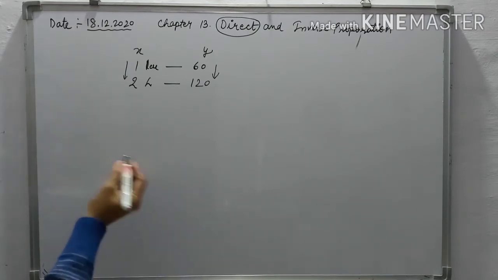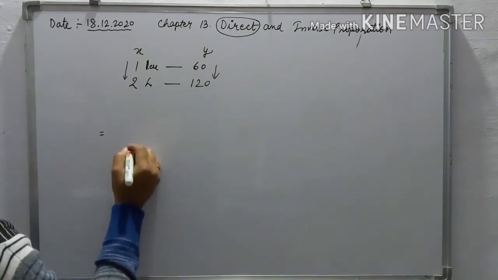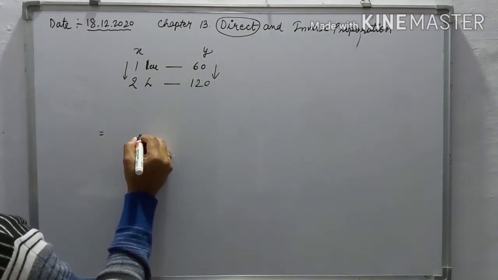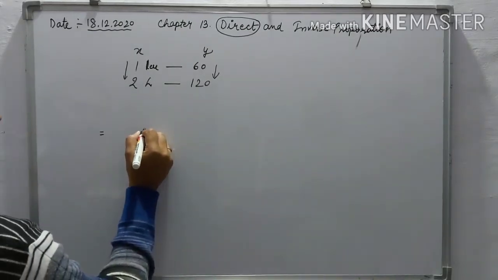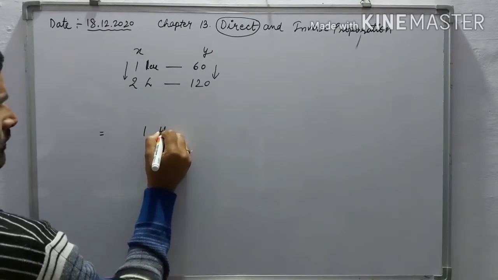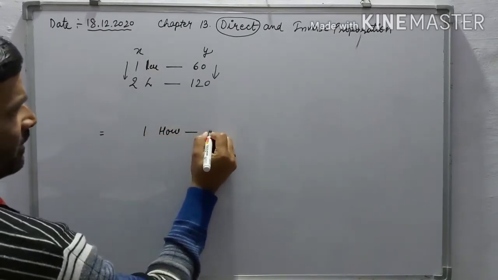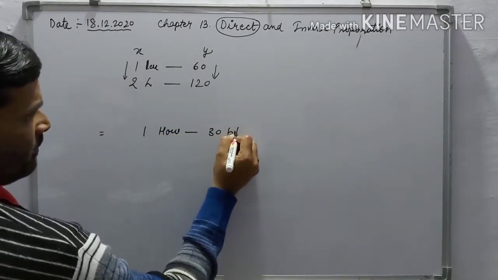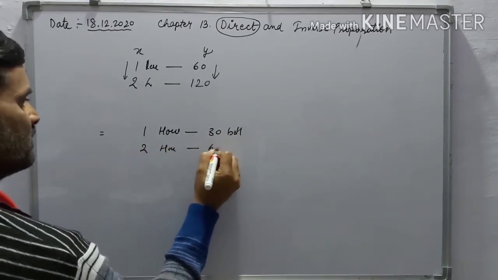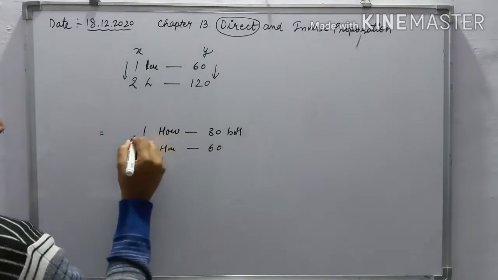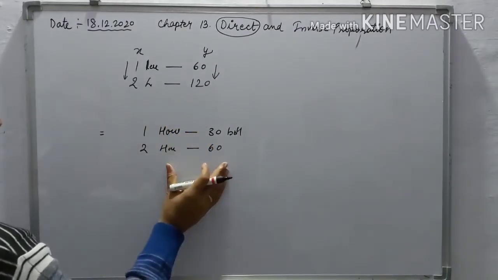Another example: a factory makes 30 bottles in one hour. In 2 hours it will make 60 bottles, because it is a bottle-making machine.